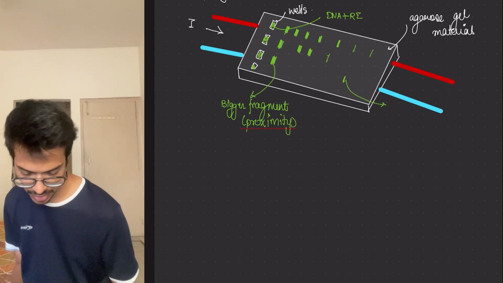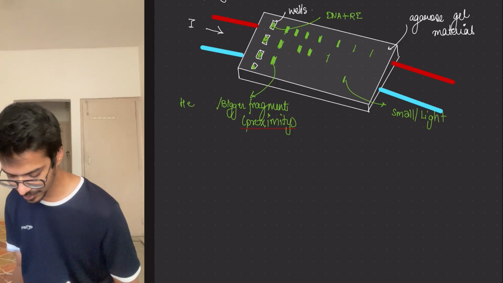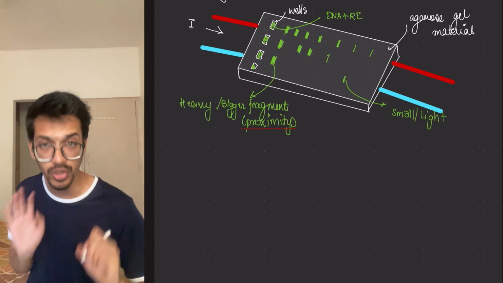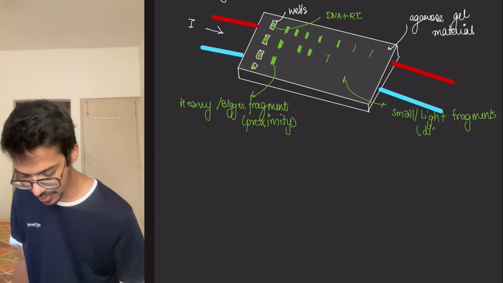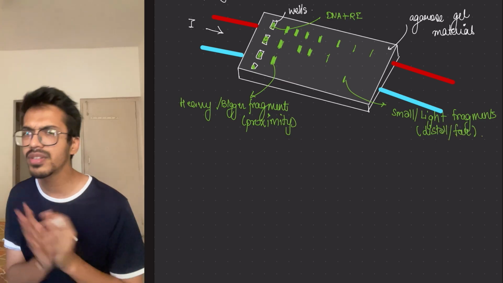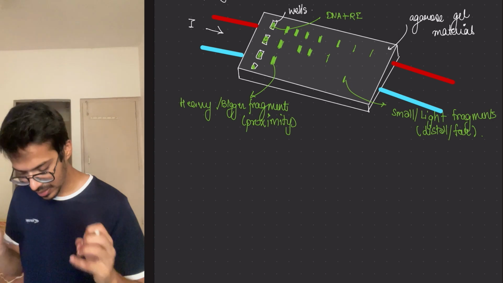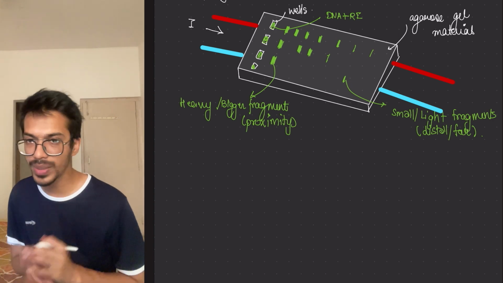Whereas this is small or light, and this is bigger or heavy. Heavy means it contains more nucleotides. Light fragments will be distal, or far. Why it is happening, we will learn. Let's just see that this kind of situation will come.